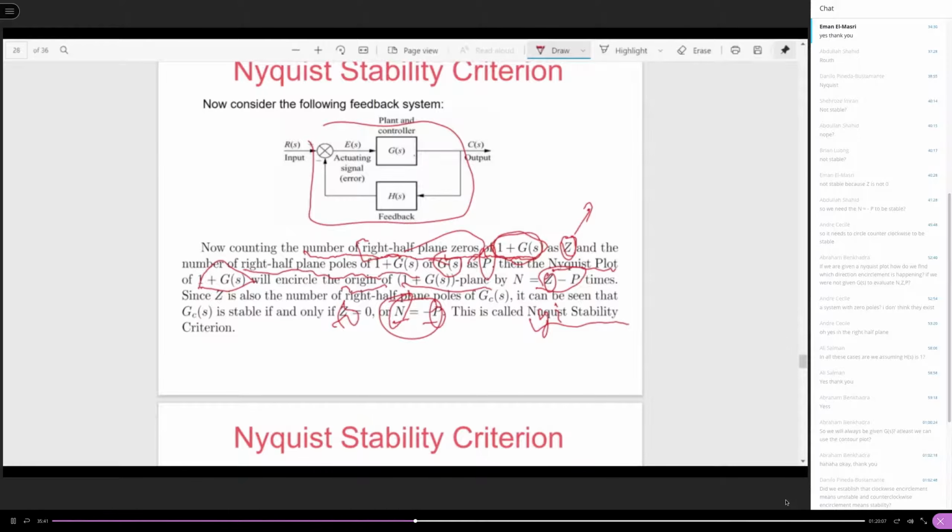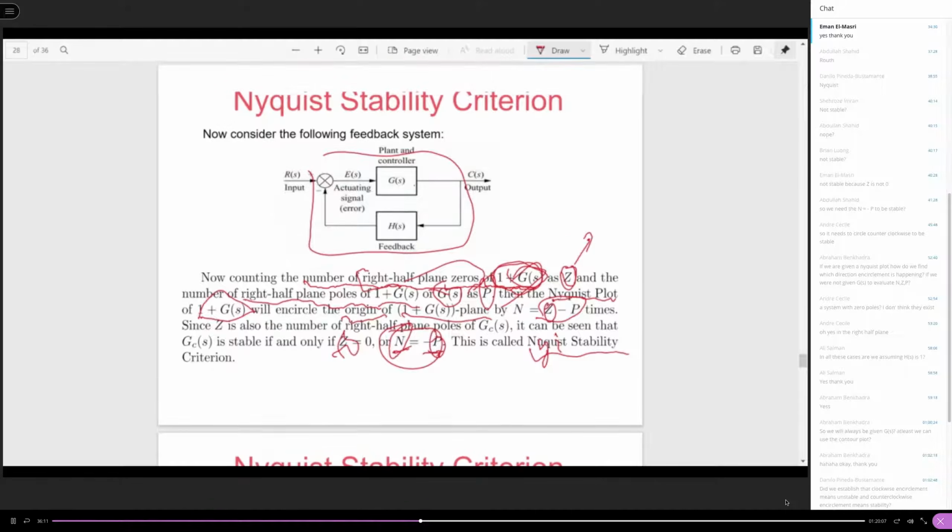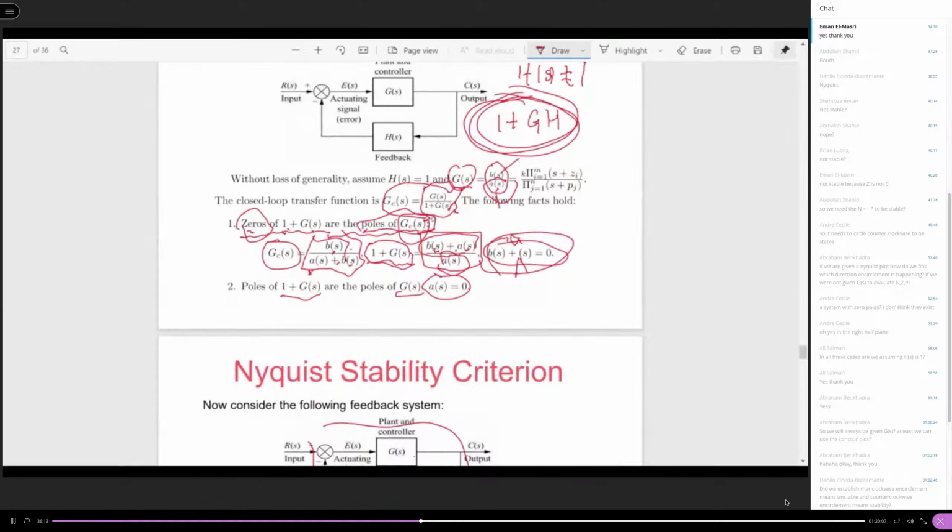That's even simpler. P is the number of right-half plane poles of G(s). So this information is also available if you know the transfer function model of G(s). Both pieces of information you can get from G(s), not G sub c, not the closed loop. You don't need the closed loop transfer function. You don't even need to know what the closed loop transfer function is going to be.